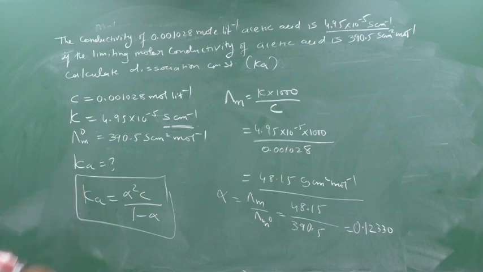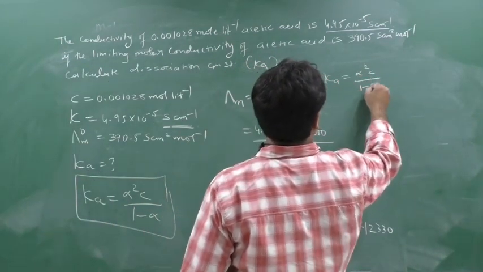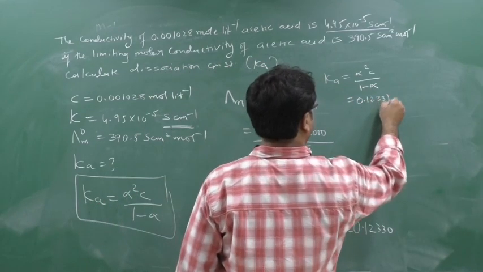Now what do I determine? Ka. So the Ka formula will be alpha square C by 1 minus alpha. What is the value of alpha? 0.1233 square.